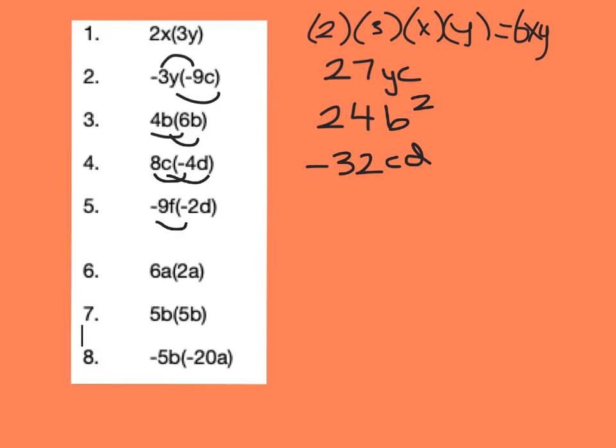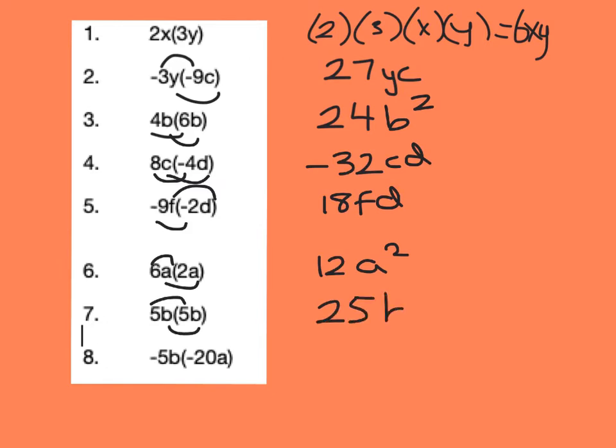Minus 9 by minus 2 gives me 18, and f by d gives me fd, or df if you want to put it in alphabetical order. 6 by 2 gives me 12, a by a gives me a squared, 5 by 5 gives me 25, b by b gives me b squared, minus b by minus 20 gives me 100 plus 100, and b by a gives me ba, or we can put in alphabetical order and say ab.